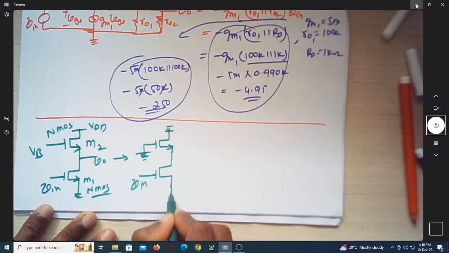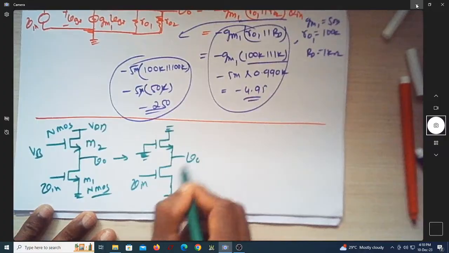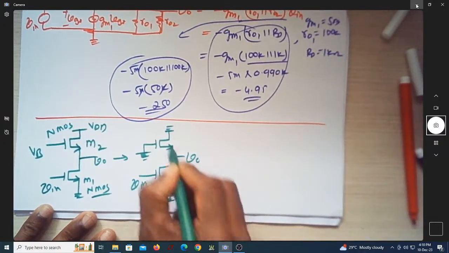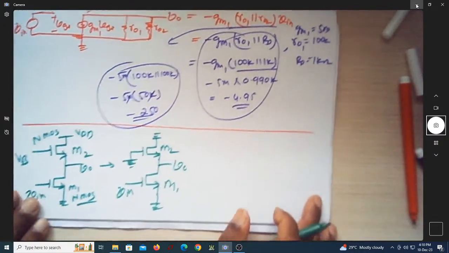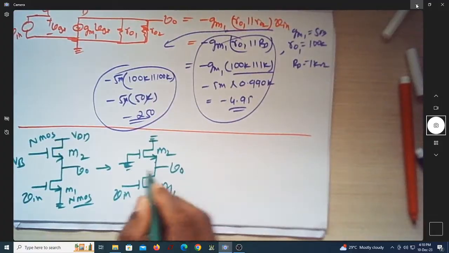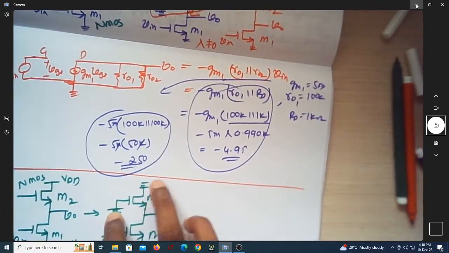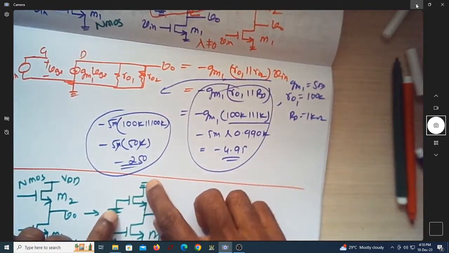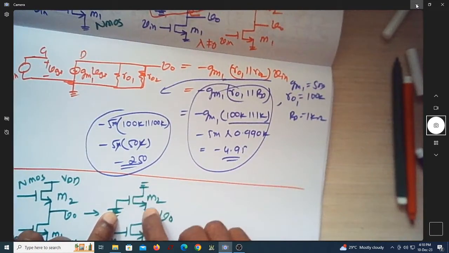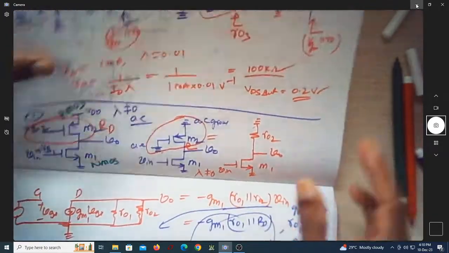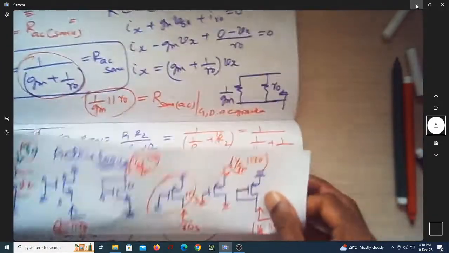This is Vin, this is V0, so on. M1, M2. Now do we have a condition where gate and drain are shorted? You are looking into the source. Do you have something like this?